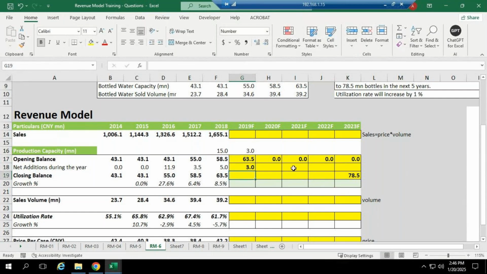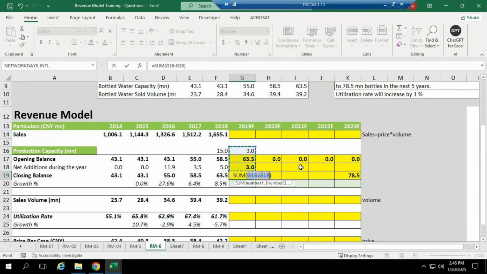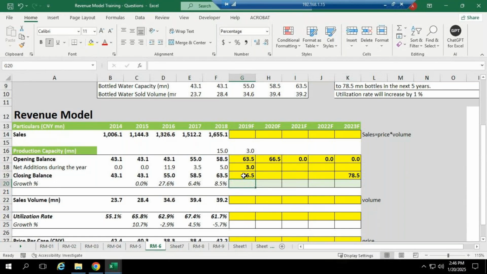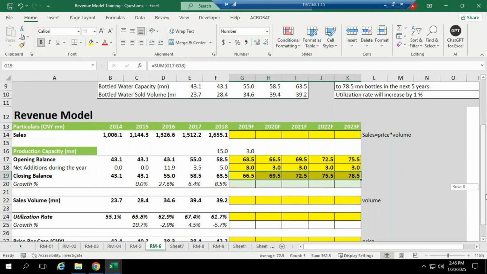Alt is equal to. So 3.0 only you have to select. Yeah, so now we got this total volume.